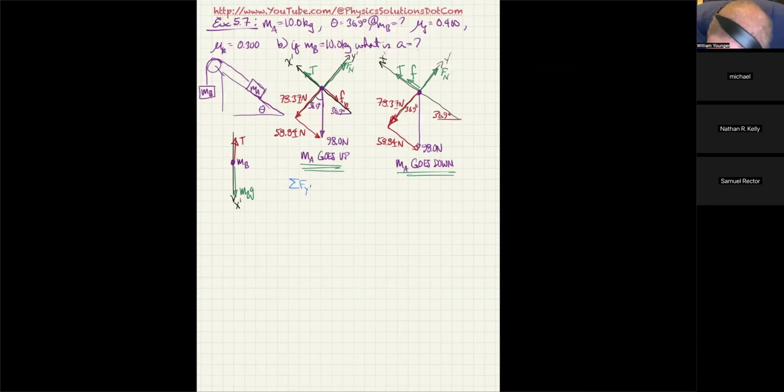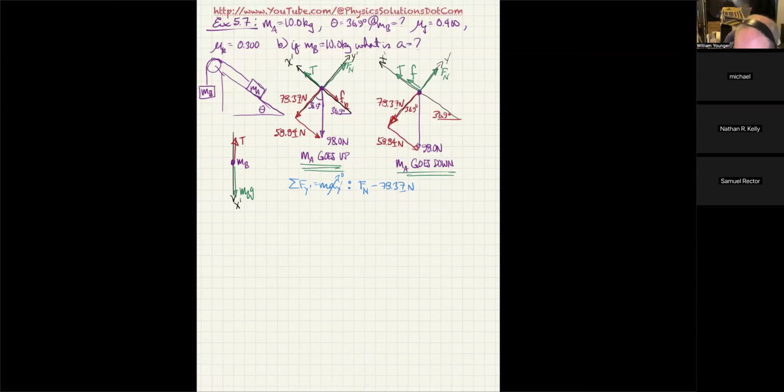Okay, now I'm going to take the summation of the forces in the y prime direction equals mass times acceleration in the y prime direction. And again, in the perpendicular direction there's not going to be any changing of the y coordinate, so the acceleration in the y direction is going to be 0. For that reason, I get F sub n, the normal force, minus 78.37 newtons.